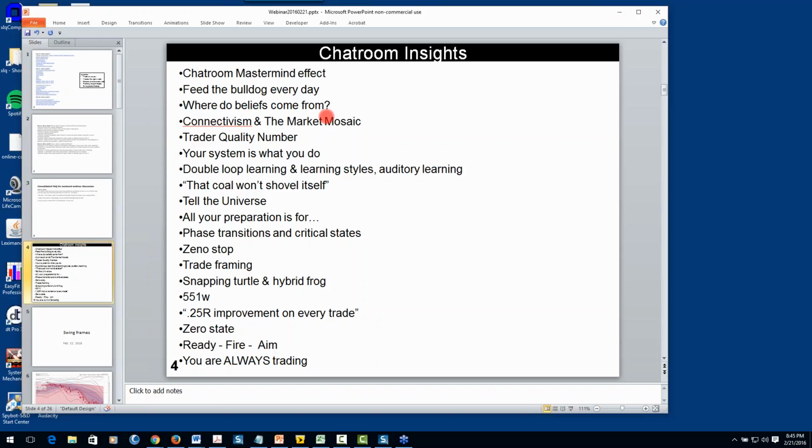The next one is the trader quality number, and this is a discussion really for the difference between systems and strategies. So a system is something that you can trade robotically, like the frog intraday, or any of these 6 systems that I've provided you. If you were to trade them mechanically, robotically, you would come up with a particular system quality number.